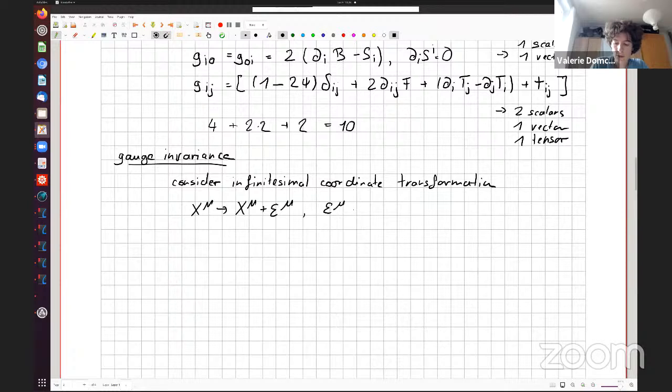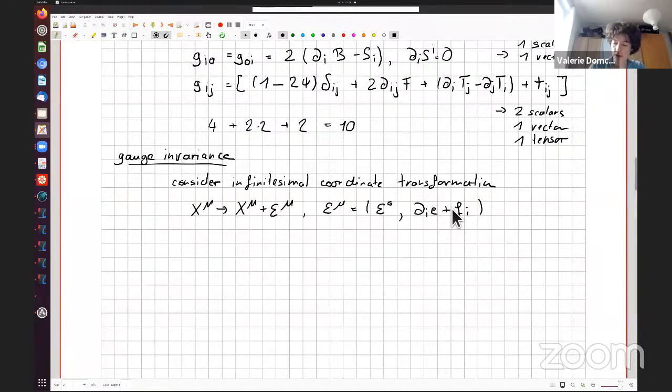And this ε^μ, we can now do the same trick as we did above. And we can write this as a temporal component, which should be a scalar, and a spatial component, which can contain a scalar and can contain a vector.